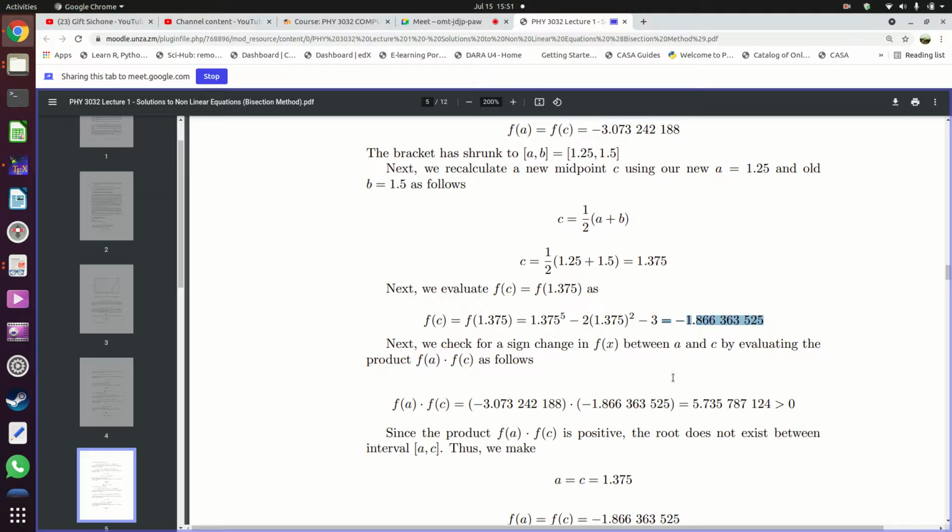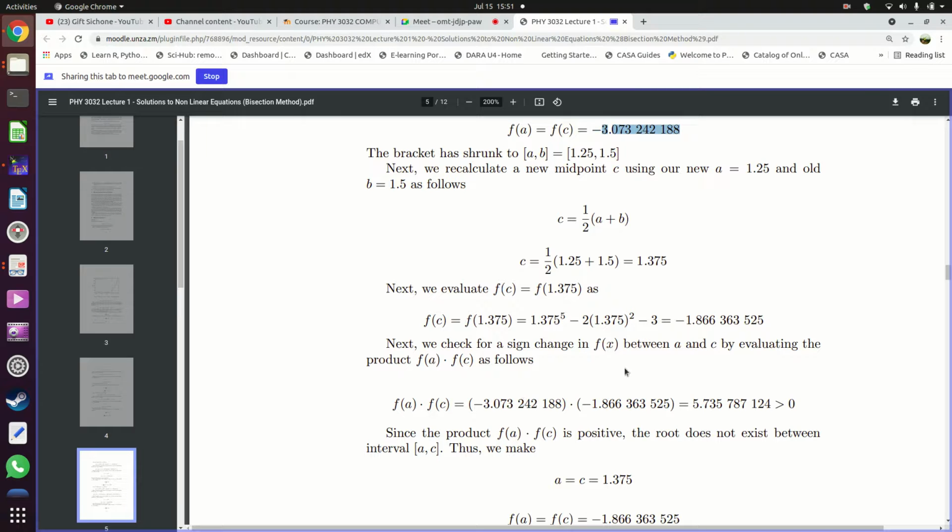You've got your A, which is 1.25, and at 1.25, your function is also negative. So you check, is there a solution between A and C? And how do you do that? You work out this product, f of A times f of C. f of A is minus 3.073 something.